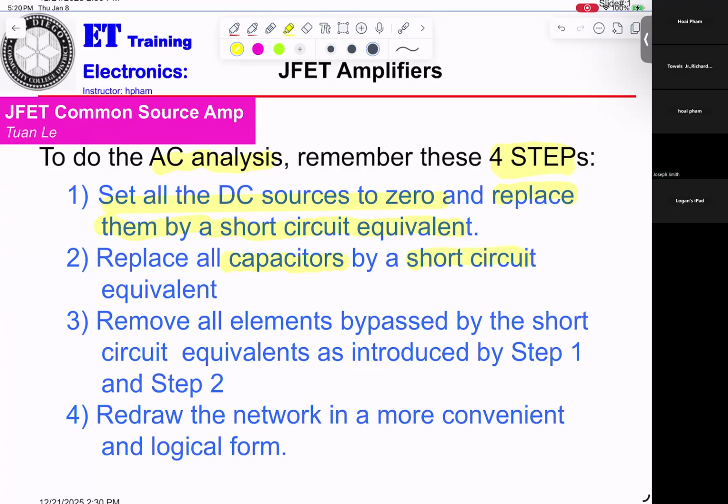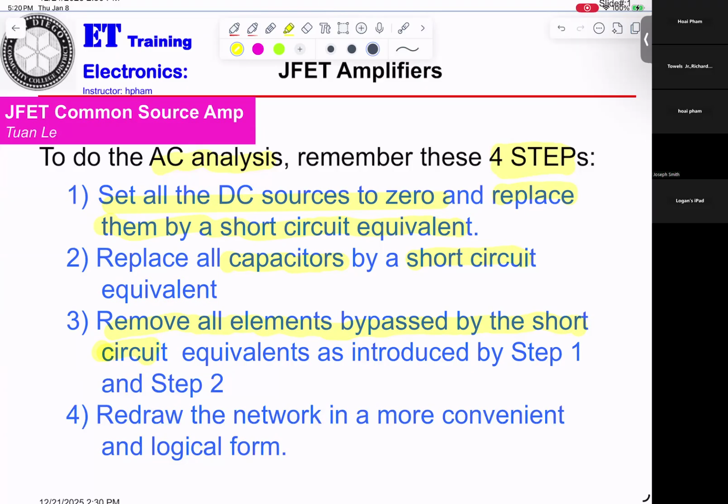You can see the capacitor in the circuitry. However, when you're working on AC, the capacitor will be shorted. Remove all elements bypassed by a short circuit. Redraw the network in a more convenient and logical form.